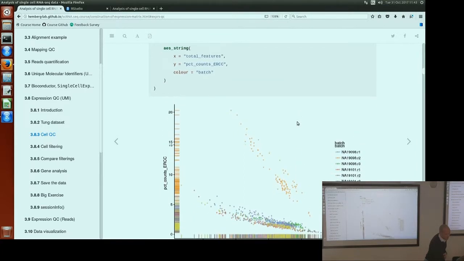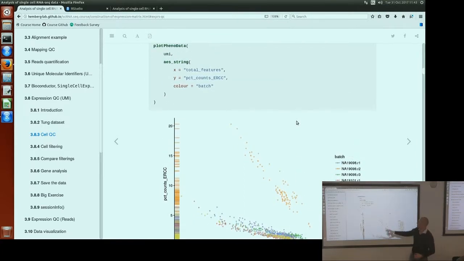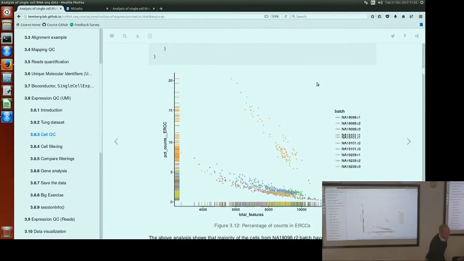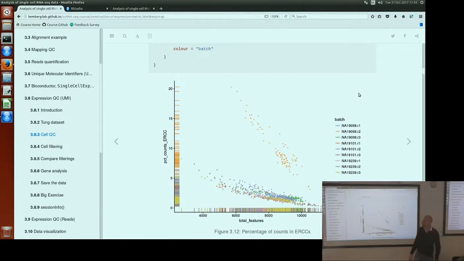And then we can do the same with ERCCs. So instead of MT here, we call ERCC. So these are your spikings. Here we have a really interesting plot, because most of the batches contain a reasonable number of counts in their spikings.